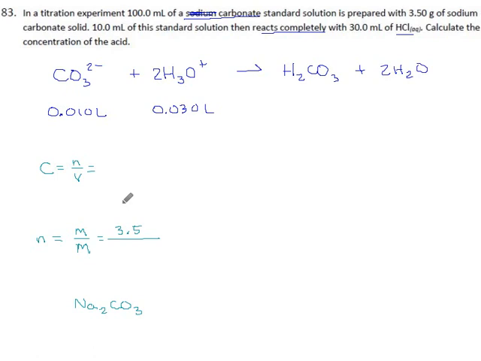Carbon, 12.01. 3 oxygens is 48. I get 105.99 grams per mole for the molar mass. So that goes here. So 3.5 divided by 105.99 gets us a number of moles.